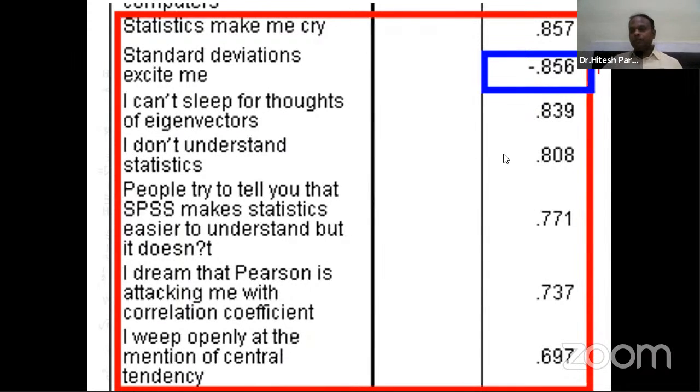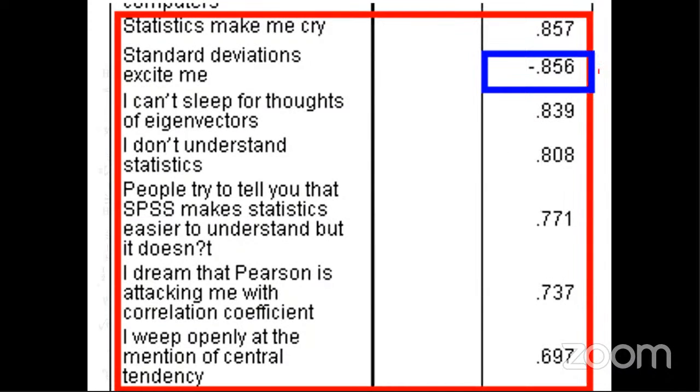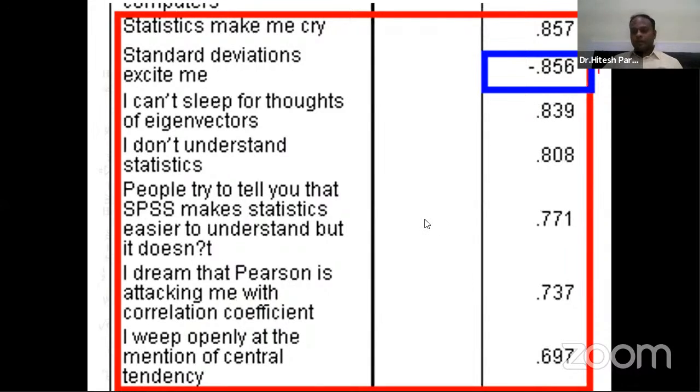Mansi ma'am, please ask your question. Sir, I want to know if there is any criteria for choosing a particular rotation, or can I use a hit and trial method? No. Generally, there are orthogonal rotation and oblique rotation. In orthogonal rotation, the axes remain 90° apart, which means complete independence.